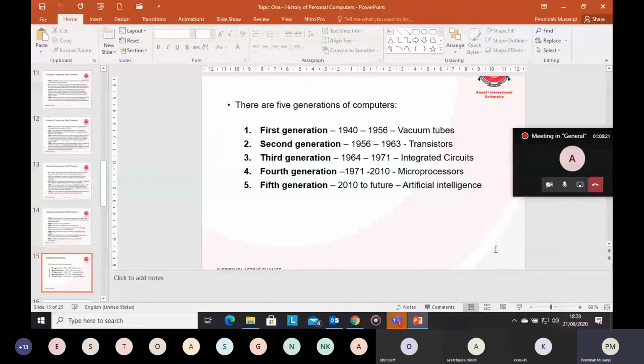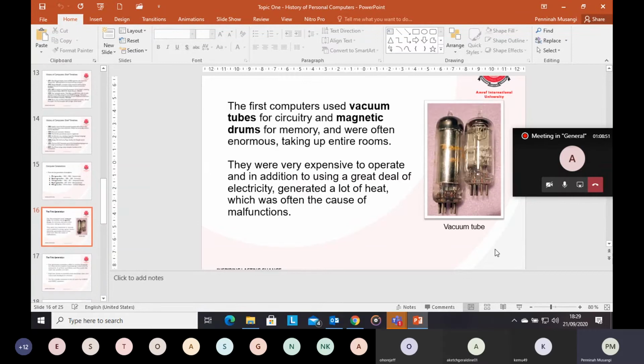First generation ranges from the year 1940 to 56, second 1956 to 63, third 1964 to 71, fourth 1971 to 2010, and fifth generation 2010 to today and to the future, when maybe the ICT gurus will decide we are in the 16th generation. So we want to cover that. We look at each of those generations in detail.